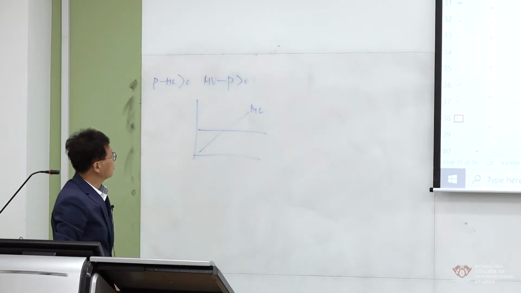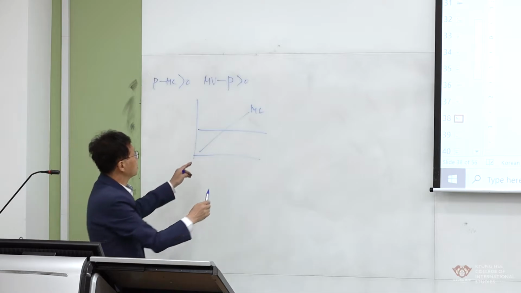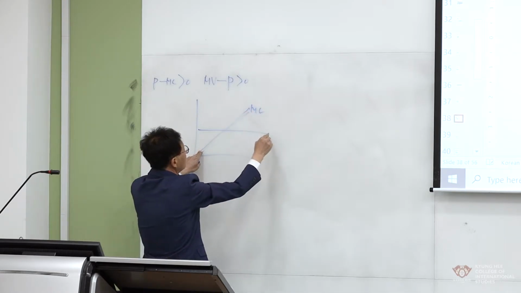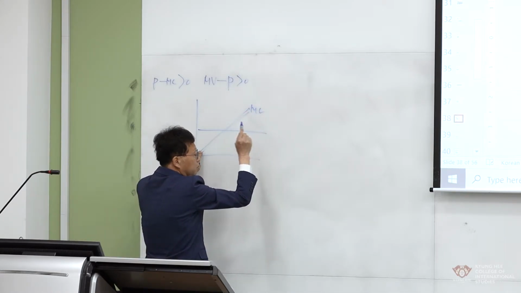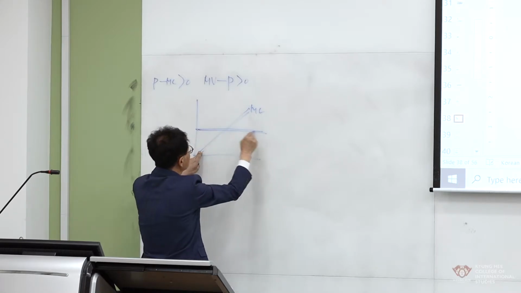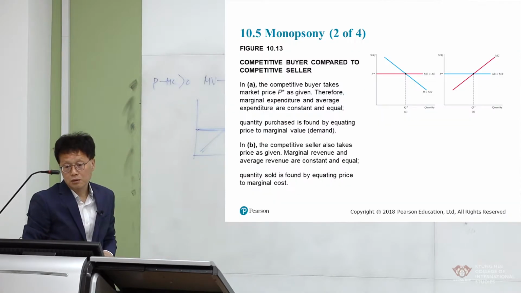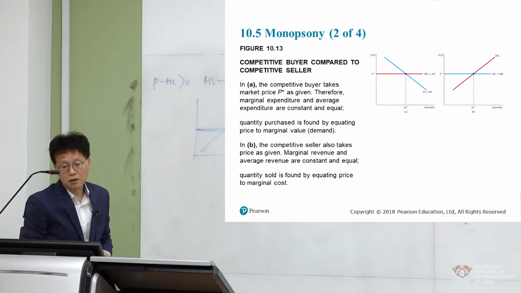When the market is perfectly competitive, the firm's marginal cost is like this, and each firm, supplier, producer faces a horizontal demand curve. That is the competitive seller case.